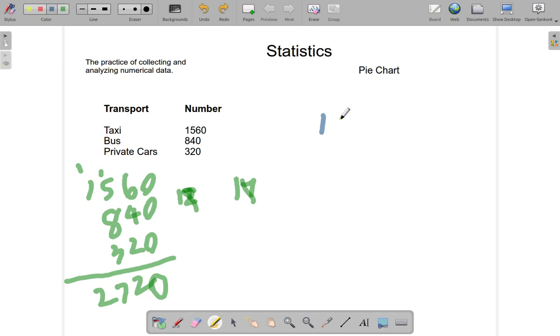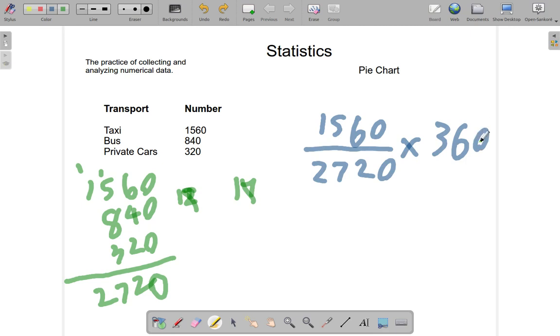Now what I do is say 1560 divided by 2720. The total angle in a circle is 360 degrees.